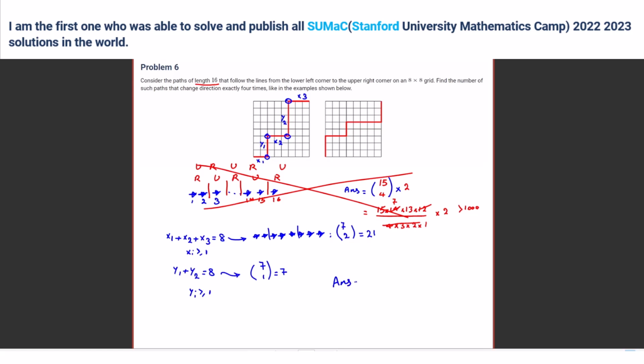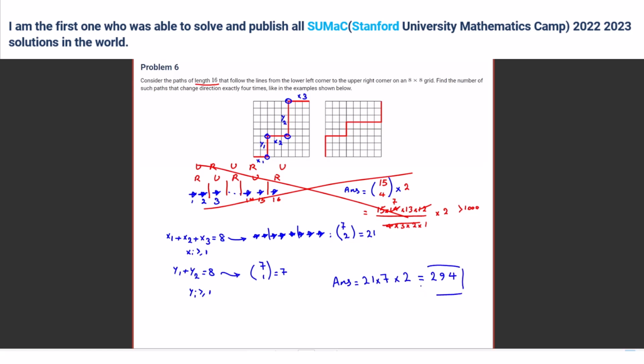If that's how many ways there are to choose either one, then we multiply those together to get our total paths. Okay, that would be 147. Yes, and at the end, you should multiply by what? By 2. Yes, because we can begin with either R or U. So the last answer is what? 294. Exactly.